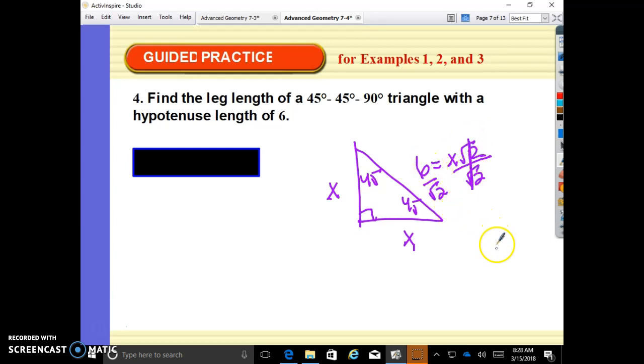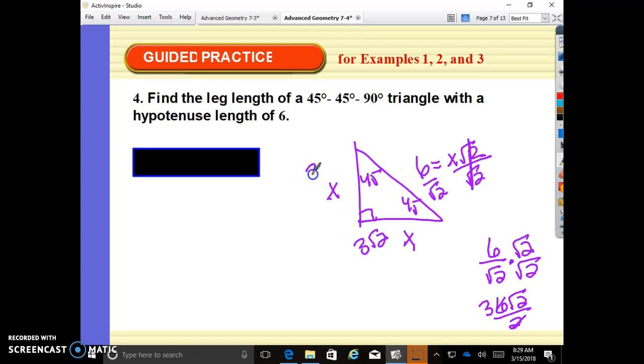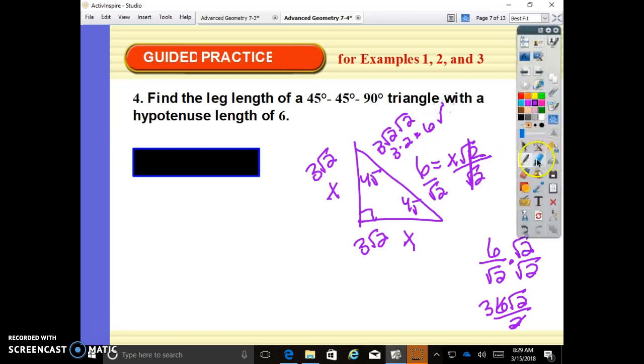X is 6 divided by rad 2. Am I allowed to have a radical in the denominator? No, I need to rationalize. 6 rad 2 over 2, which reduces to 3 rad 2. 3 rad 2, 3 rad 2, rad 2 is 3 times 2, which is 6, so I know I didn't mess anything up.